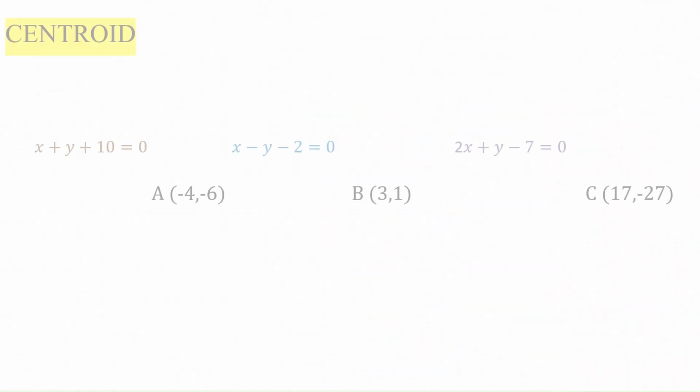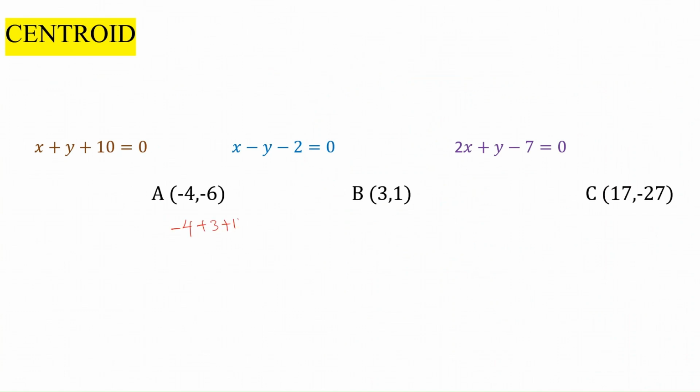Now we'll start with deriving the points. The first thing is the centroid. The centroid equation is pretty easy. We just have to do x1 plus x2 plus x3 upon 3, y1 plus y2 plus y3 upon 3. Let us do that here. Minus 4 plus 3 plus 17 upon 3, comma, minus 6 plus 1 minus 27 upon 3.